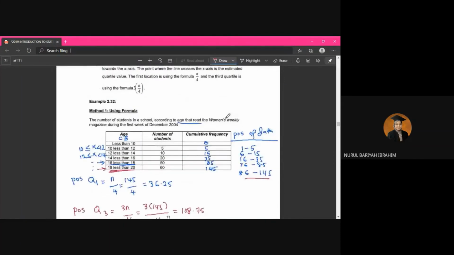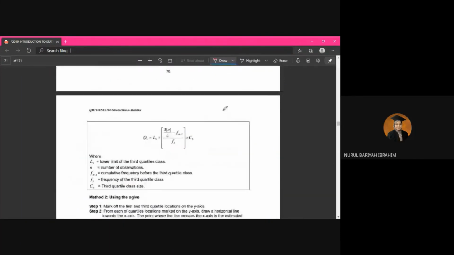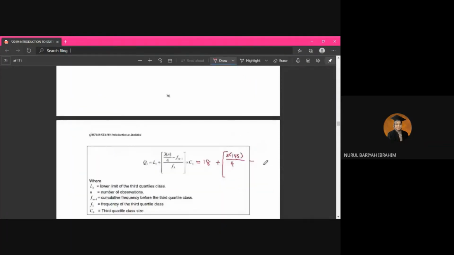So the class is 18 to 20. So its lower limit is 18 plus 3n divided by 4. Okay, sorry, n will be 145, minus the cumulative frequency before the class containing Q3. It is 85.